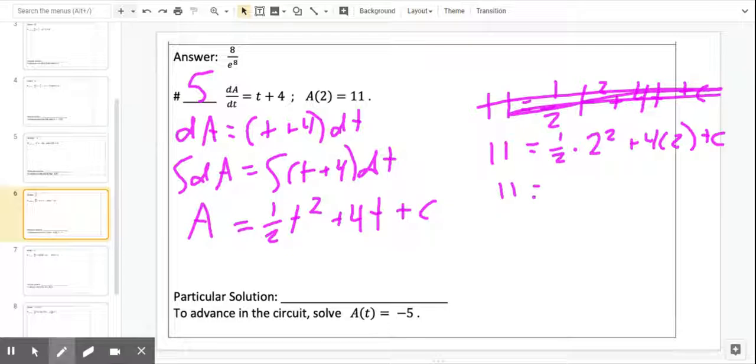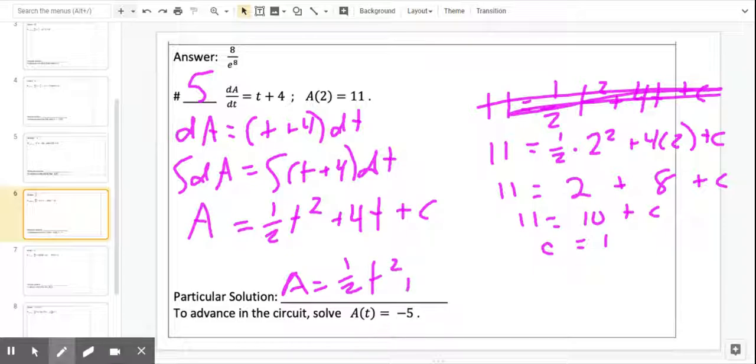All right, so 11 equals 1/2 times 2 squared is 1/2 times 4, which is just 2, plus 8 plus c. So 2 plus 8 is 10. So 11 equals 10 plus c, which means c equals 1. So our particular solution is A equals 1/2 t squared plus 4t plus 1.